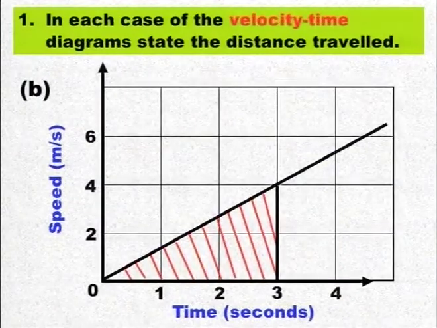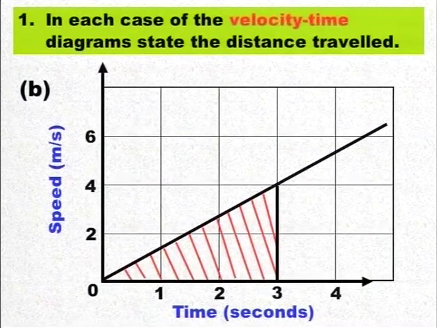All right, for letter B, half of 12 is 6, so you should have 6 meters. This one, 20 times 2 is 40, 40 plus 40, 80 meters. Yes? 240 divided by 2, 120 meters.